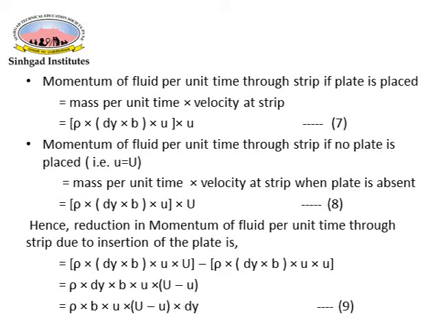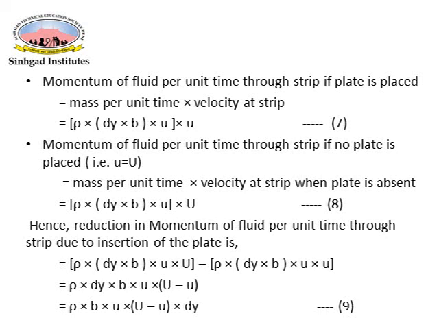Hence, the reduction in momentum of the fluid per unit time through the strip due to the insertion of the plate is rho dy b u U minus rho dy b u u, equal to rho dy b u (U minus u), equal to rho b u (U minus u) dy.